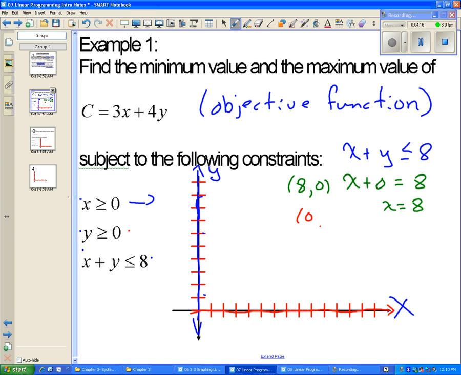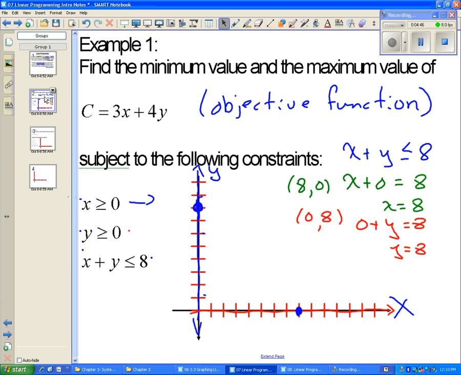My y-intercept, I'm going to do the same way. I'm going to let x equal 0, and so it's going to be 0 plus y is equal to 8, so y is equal to 8. So my intercepts are (8, 0) and (0, 8). (8, 0) is the point 1, 2, 3, 4, 5, 6, 7, 8. 0 is here. (0, 8) is the point 1, 2, 3, 4, 5, 6, 7, 8. 0 is up here.